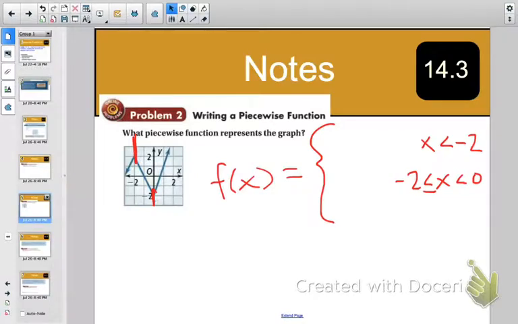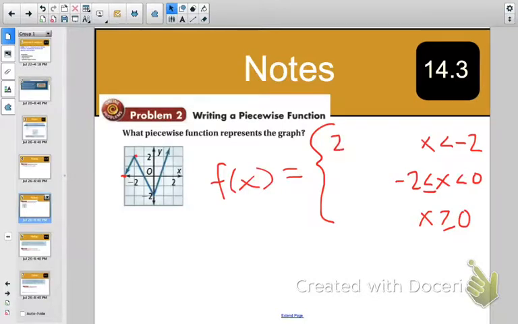Okay, and then the last one goes from 0, remember we're just talking about the x's, to infinity. So we say x is greater than or equal to 0. That way we have an equal on there. Now we just need to figure out what the equations are. For the first one, I can see that it's crossing here and here, so that gives me a slope of up 2 over 1.